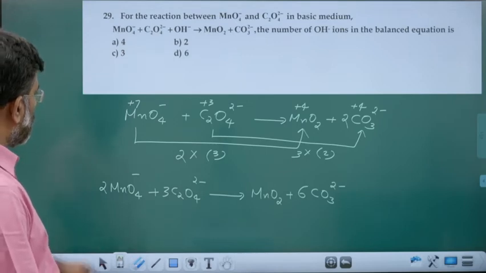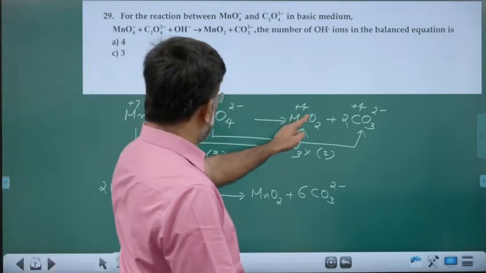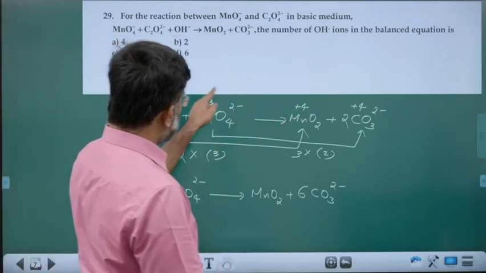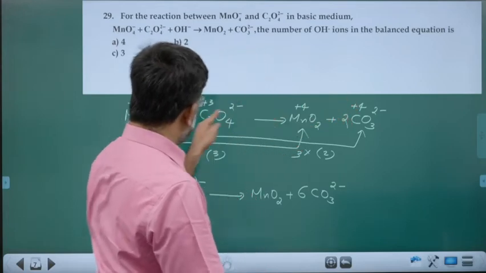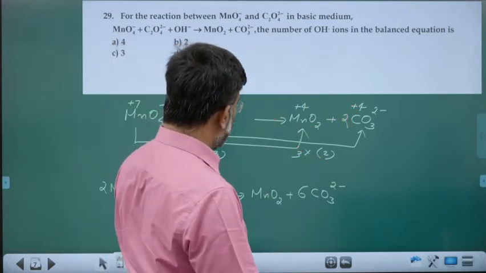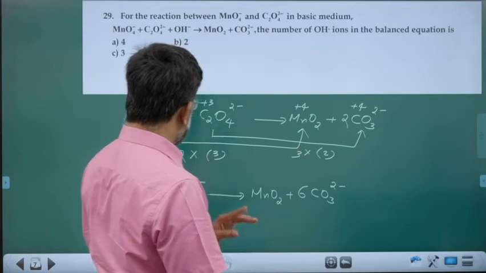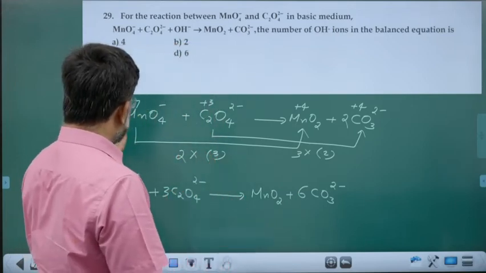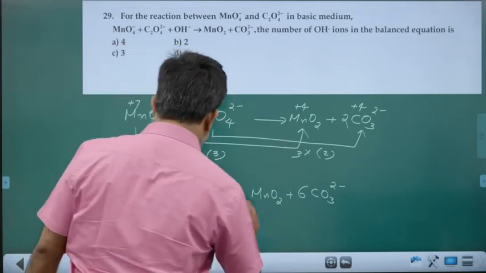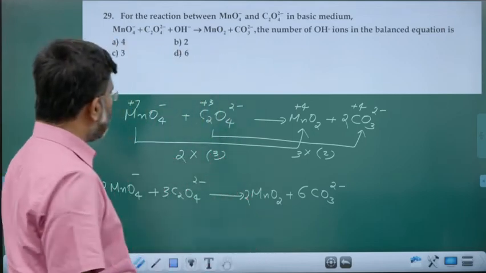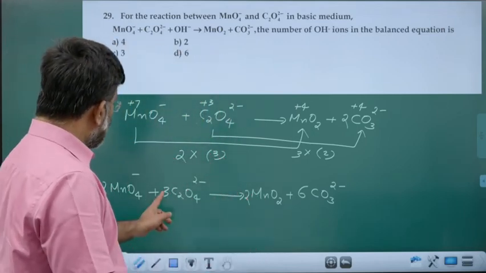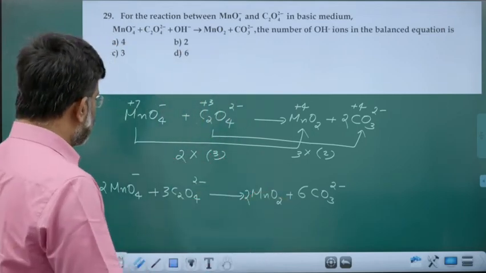So that part is over. Plus 7 becomes plus 4, n factor 3. Plus 3 becomes plus 4, n factor 1, 2 carbon atoms, n factor 2. So this is multiplied with 3 and this is multiplied with 2. I forgot to write 2 here. And here it comes 3 and 6.